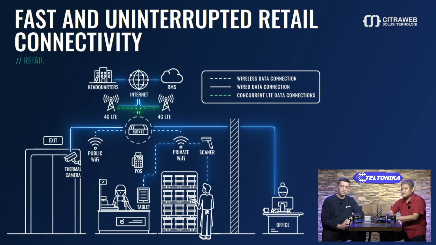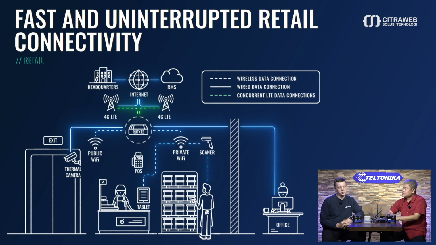So in a use case with our RUTX11, RUTX12, we can see that one router has many pieces of equipment connected: cameras, a POS terminal for payments, tablets, digital signage, and private Wi-Fi, because the router can also provide it.